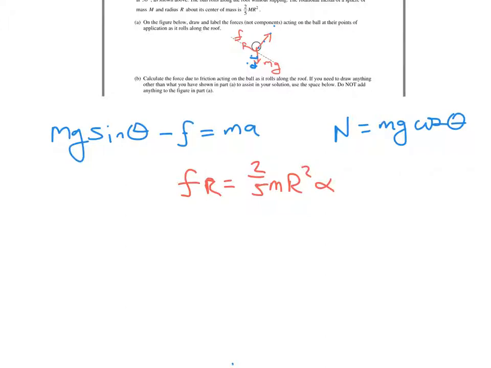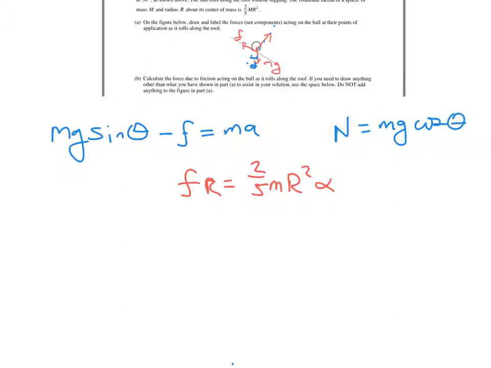So when I have all those three equations, I'm trying to find the frictional force. We have two unknowns. Actually, we have three unknowns. We don't know the linear acceleration, we don't know the frictional force, and we don't know the angular acceleration. So what would be one of the first substitutions we can make? Acceleration with what?